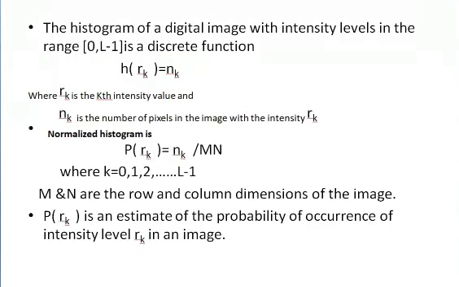Okay, right. Now this is one of the representations to draw the histogram. So to draw the histogram, h of rk is equal to nk means, observe here: suppose I take a dark image or a bright image.